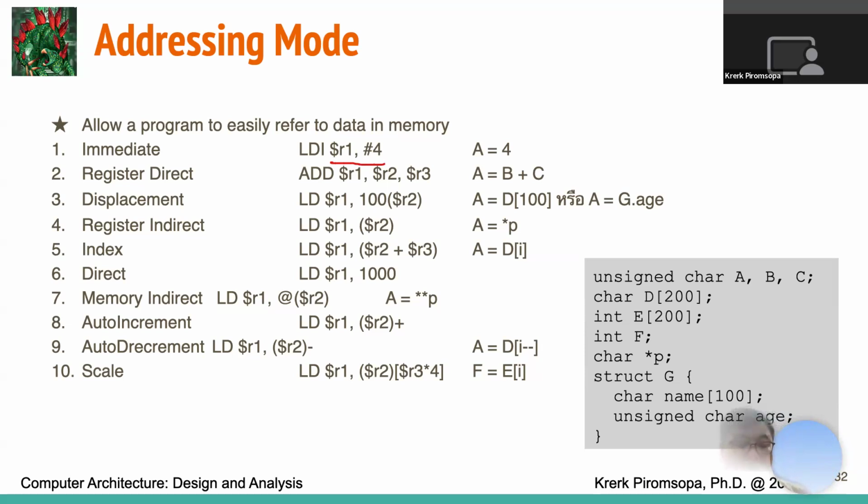Okay, start with something simple. Say you want to add number 4 or assign number 4. We should be able to specify number 4 in our instructions right away. We call this immediate. Just put whatever number you want in. That's the first addressing mode.